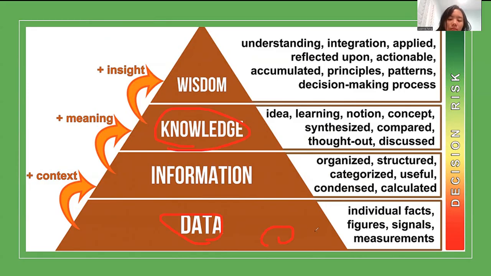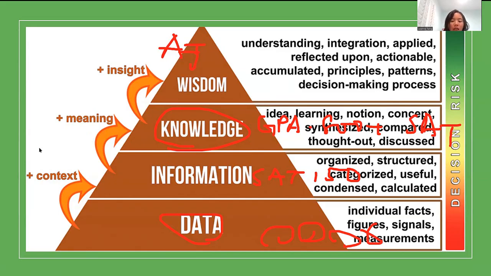So data is the bubble. Information is the raw score. You have SAT 1500. And using the equation of GPA times 800 plus SAT, that is called knowledge. And what is wisdom? Wisdom is AI. So AI may change. This year we are using GPA times 800 plus SAT. Next year we may use GPA times 1000 plus SAT.